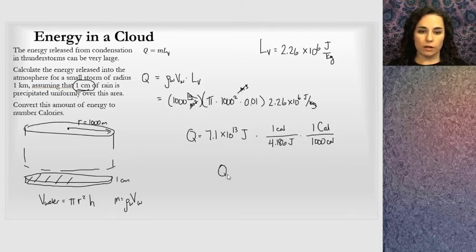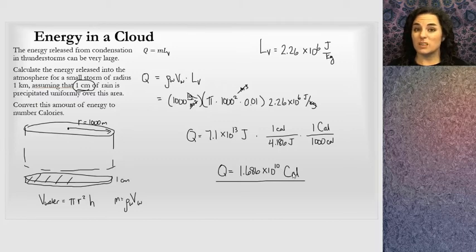When I run all this through the calculator, this gives me 1.686 times 10 to the 6th big C calories. Okay, that is a lot of calories. 10 to the 10th, that's a huge amount because 10 to the 9th is a billion, right? That's a billion. So we're over at a billion calories stored in a rain cloud.